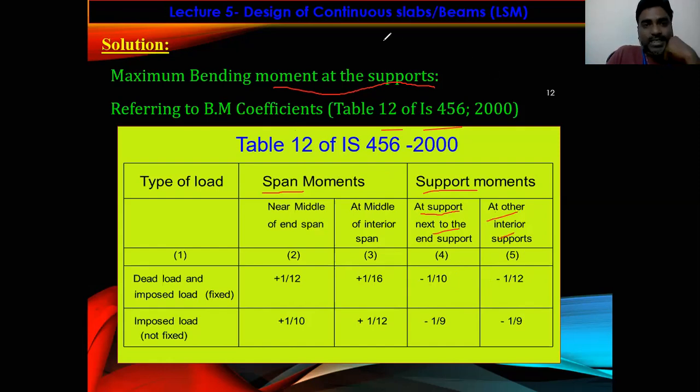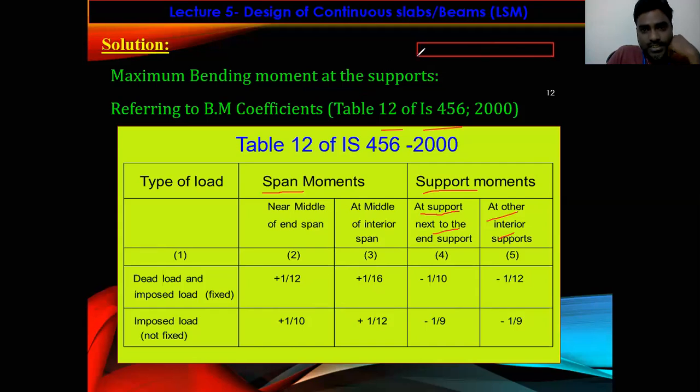As I told earlier, suppose this is your continuous beam. This is the span, first, second, third, and fourth. The terminology should be understood very clearly, so that it is easy to operate.